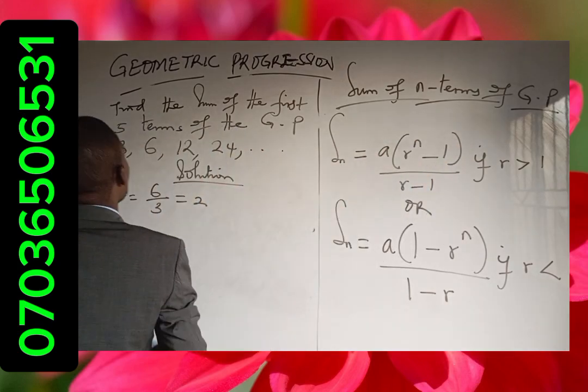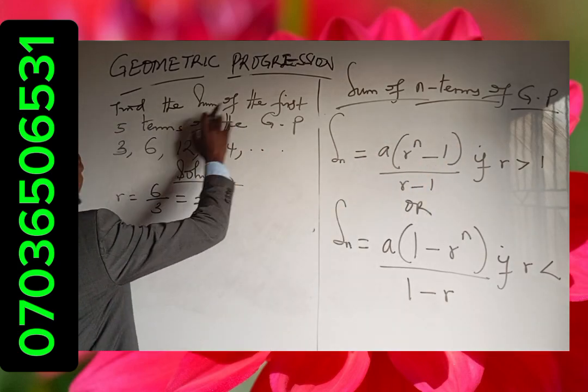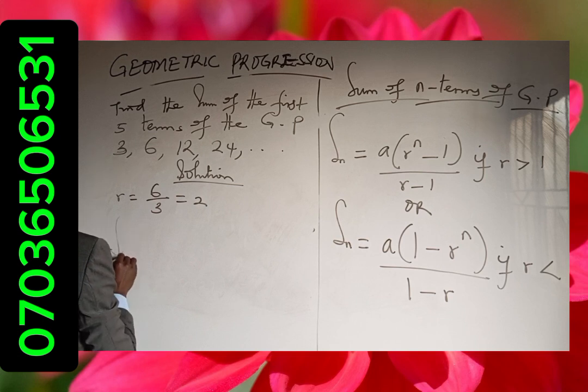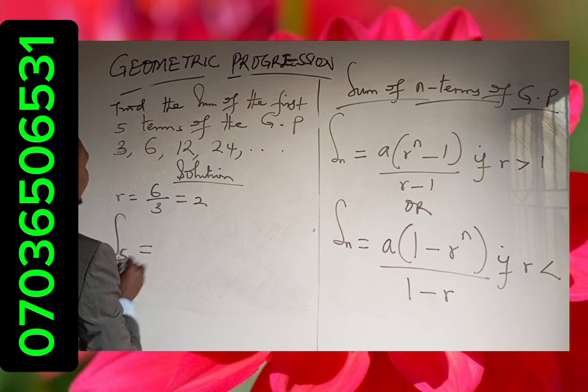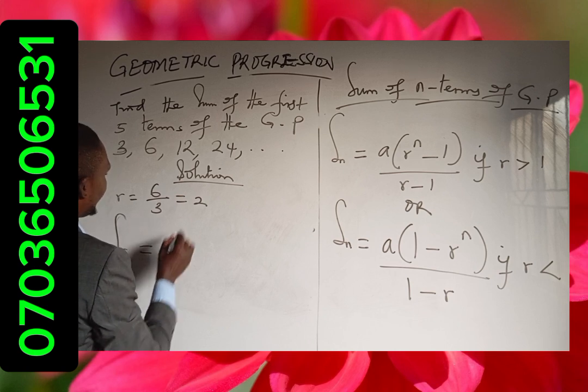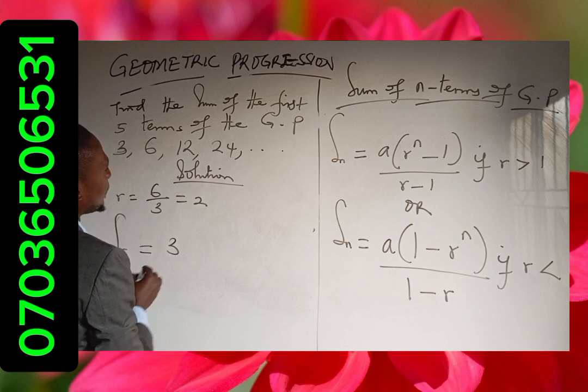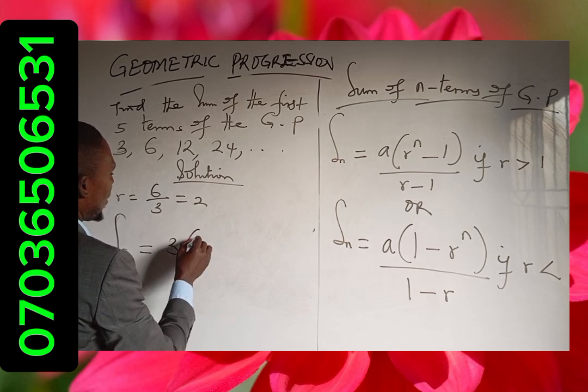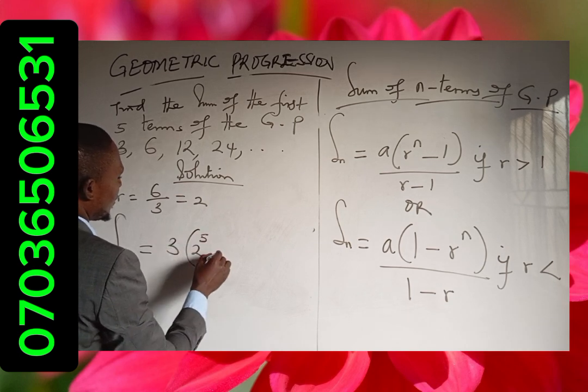So S5, because they said find the sum of the first 5 terms. S5 is the same thing as A, which is 3, open bracket, R is 2, 2 raised to power 5, minus 1.